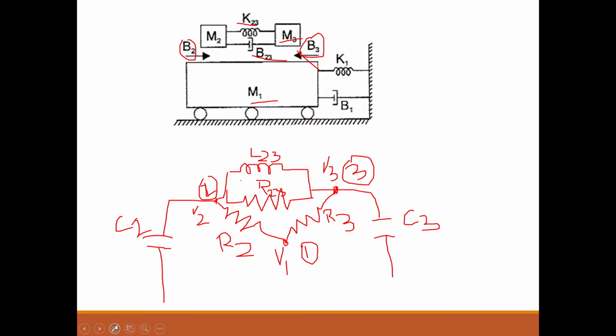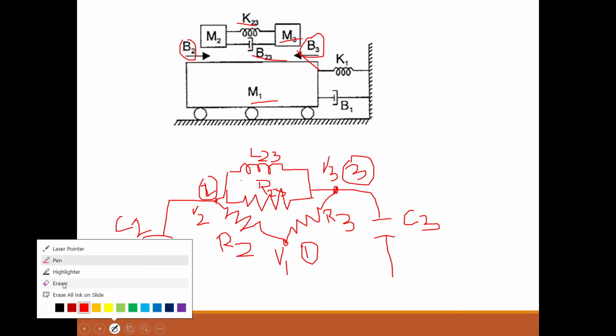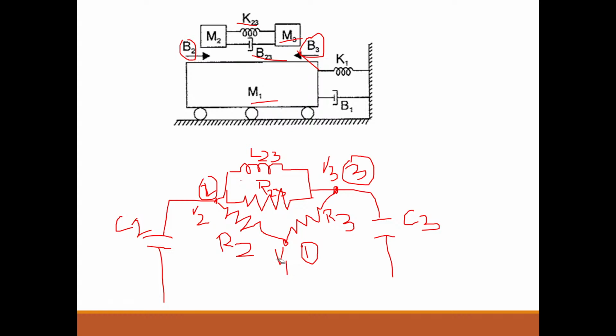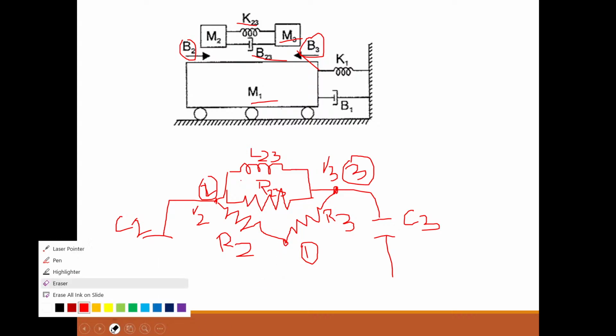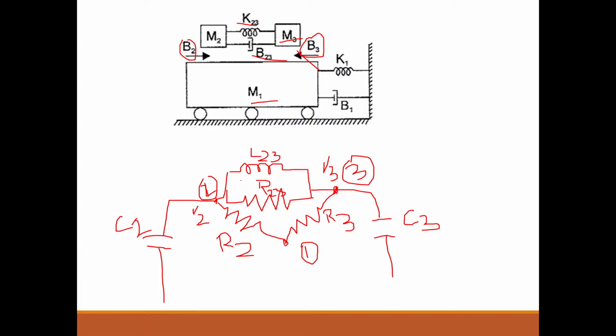How must these three elements be connected at node 1? They must be connected in parallel to each other.